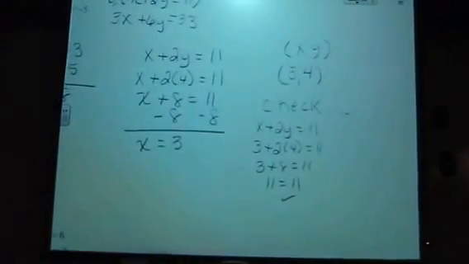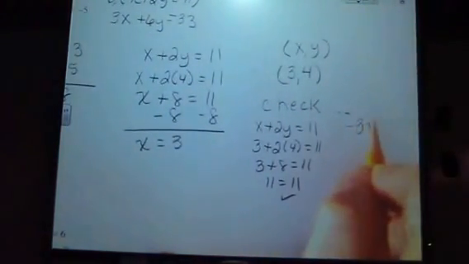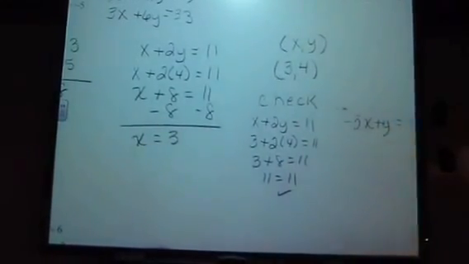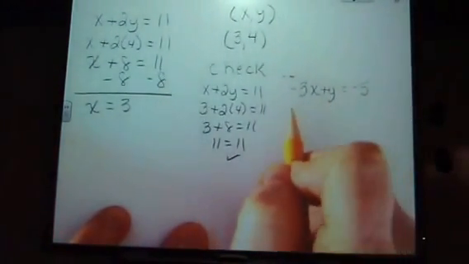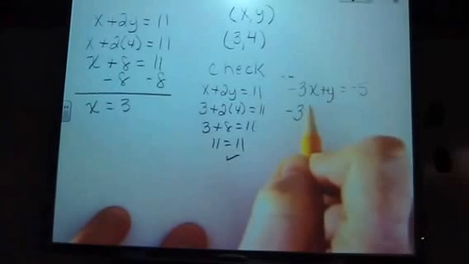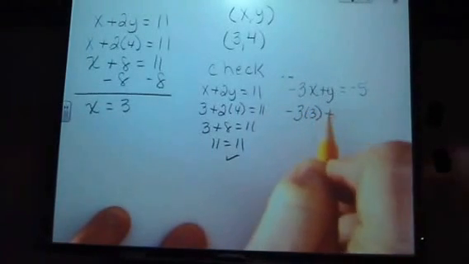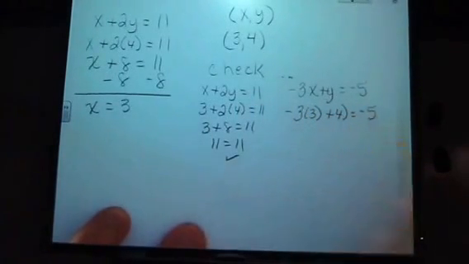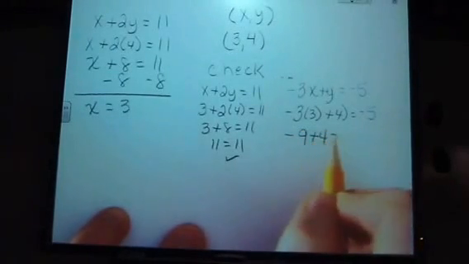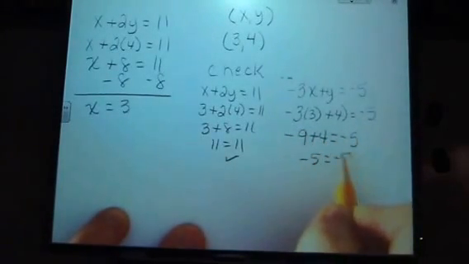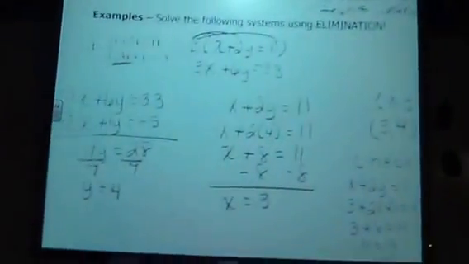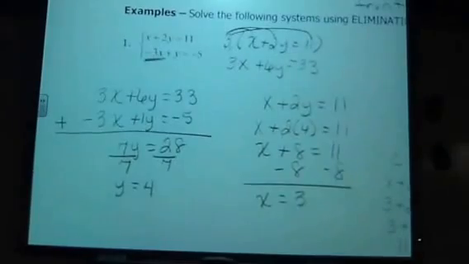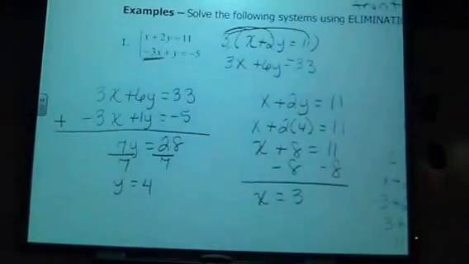For my second equation, substitute in for x, substitute in for y, and that one also checks out. Okay, so there's the process of solving eliminations by multiplying.